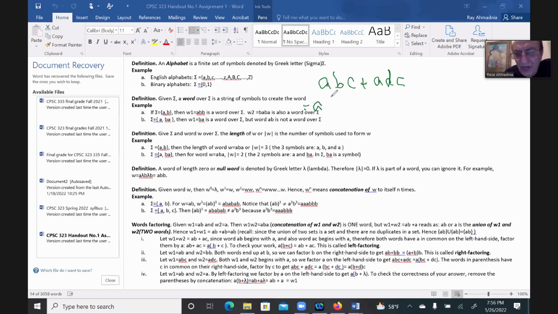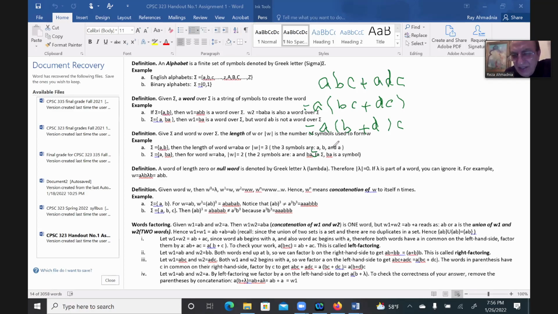So if I factor by A, this one is BC, and this one is DC. Now, inside the parentheses, these two words have C in common on the right-hand side. So if I factor by C on the right-hand side, I have B here and D here. So these are words that have something in common on the left-hand side and something in common on the right-hand side. So you can do left factoring, you can do right factoring. Check your work.